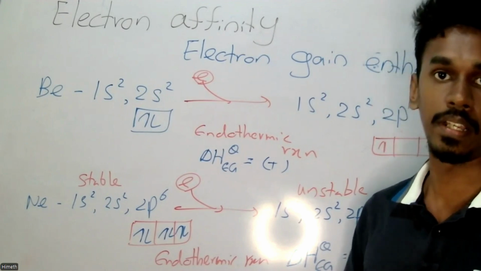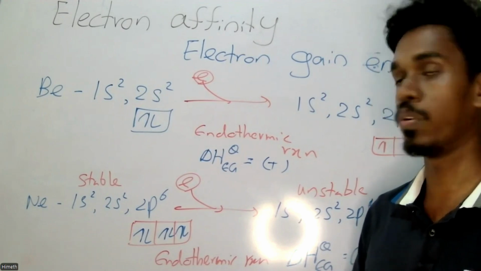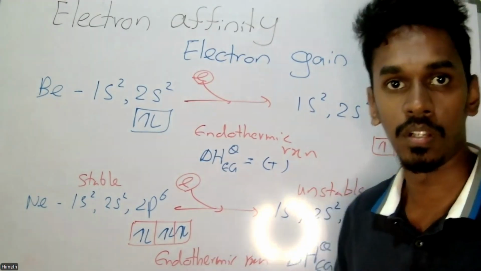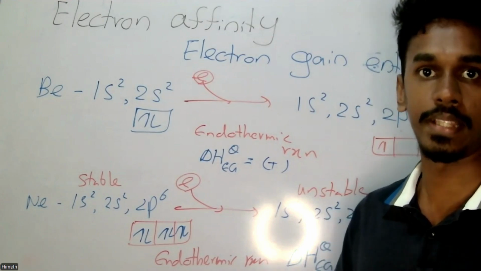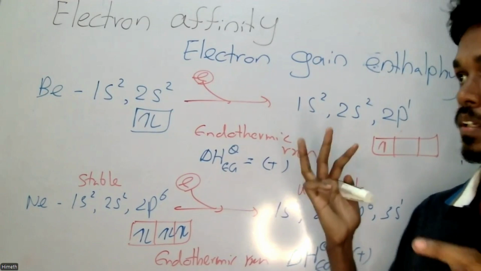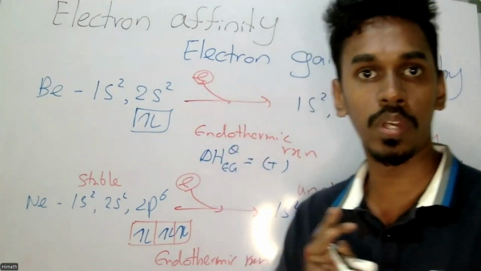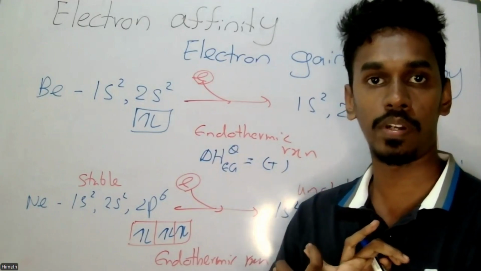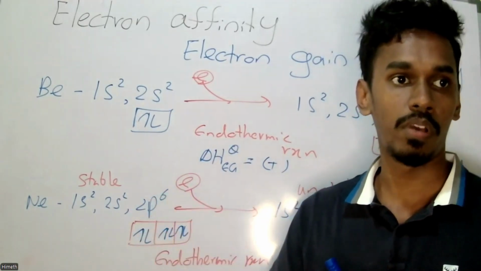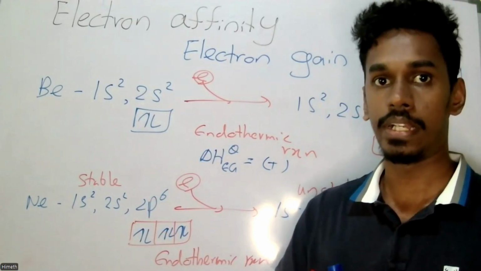We can say that elements of group 18 also have a positive value of electron gain enthalpy, and so do elements of group 2.